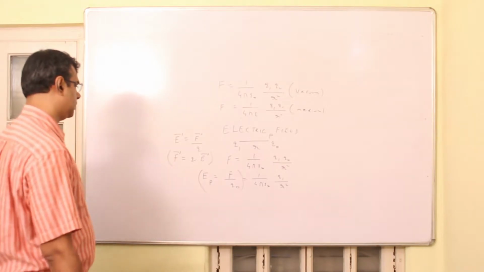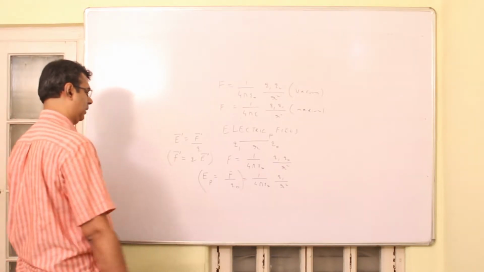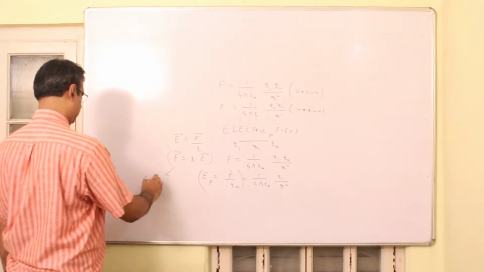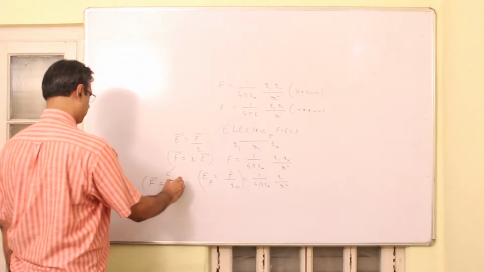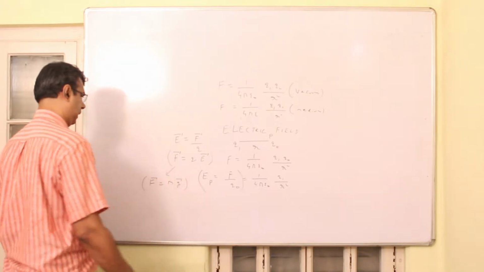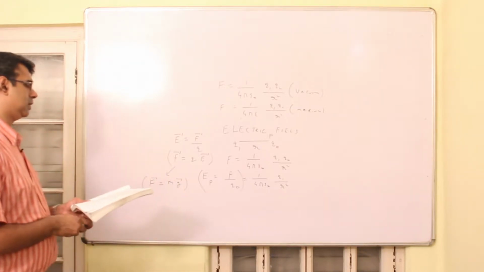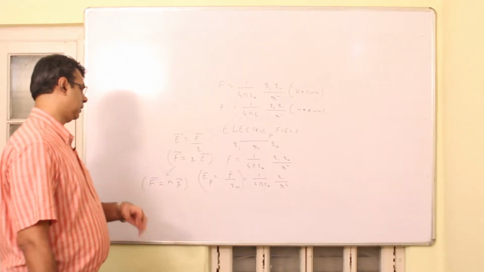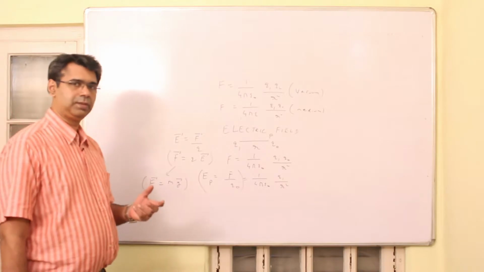And you will notice that this has an analog in gravitation. In gravitation, you have studied that if you are considering any planet like the Earth, then the gravitational field of the Earth is called small g.